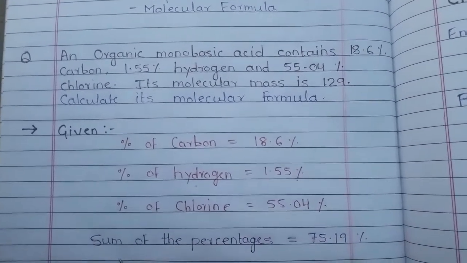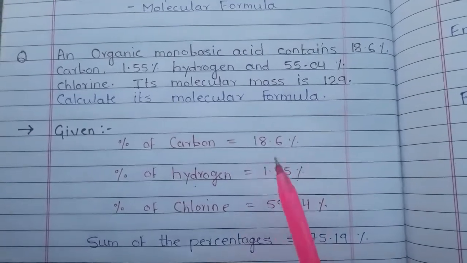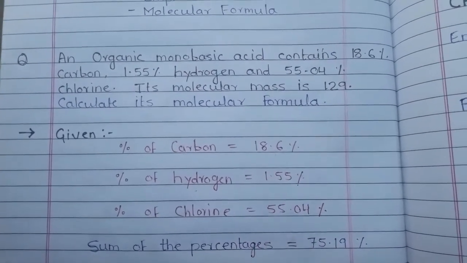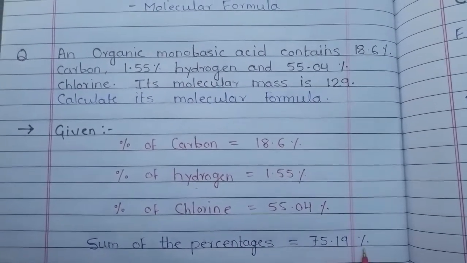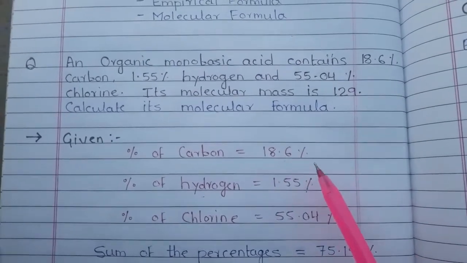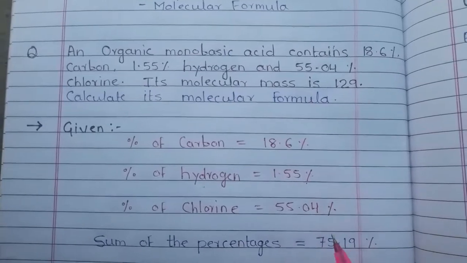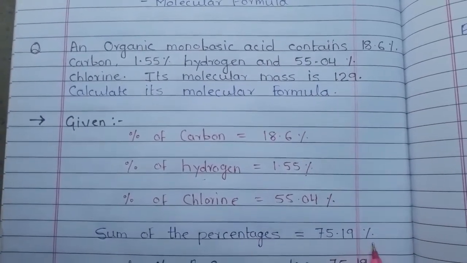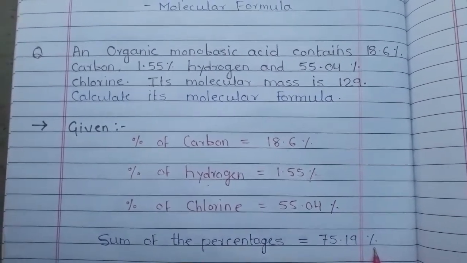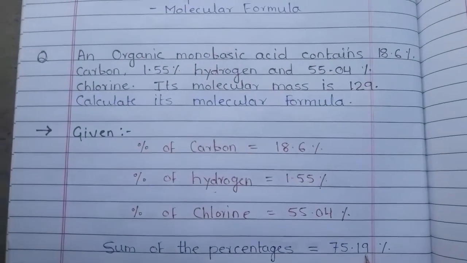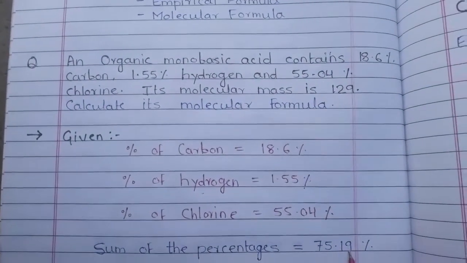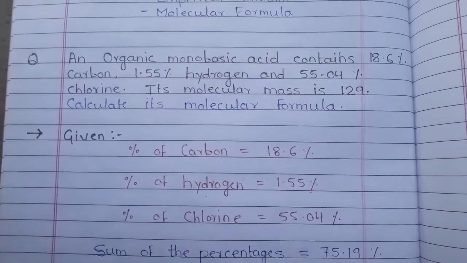If we find the sum of the percentages given in the question, we will find it as 75.19%. That means if we add all three, the sum will be 75.19%. Here we may have one doubt, that the total percentage should be 100%.